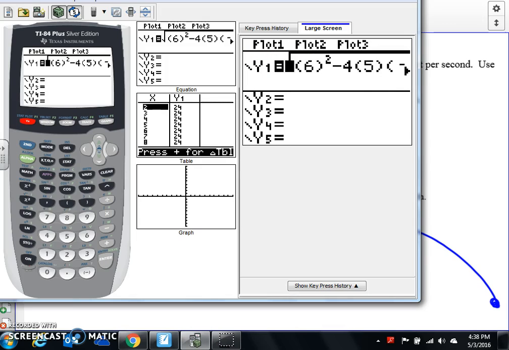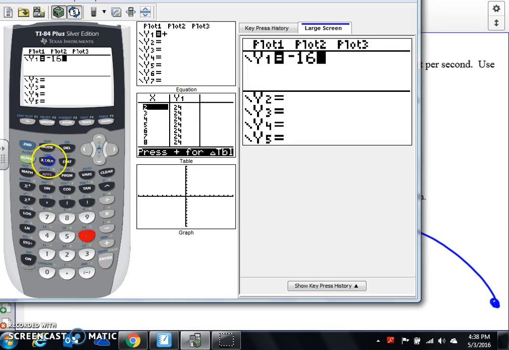Okay, clear. The equation is negative 16 x squared, and then it says plus vt. I know that the velocity is a positive 113 because it says with an initial velocity of 113 feet per second. So that's 113.